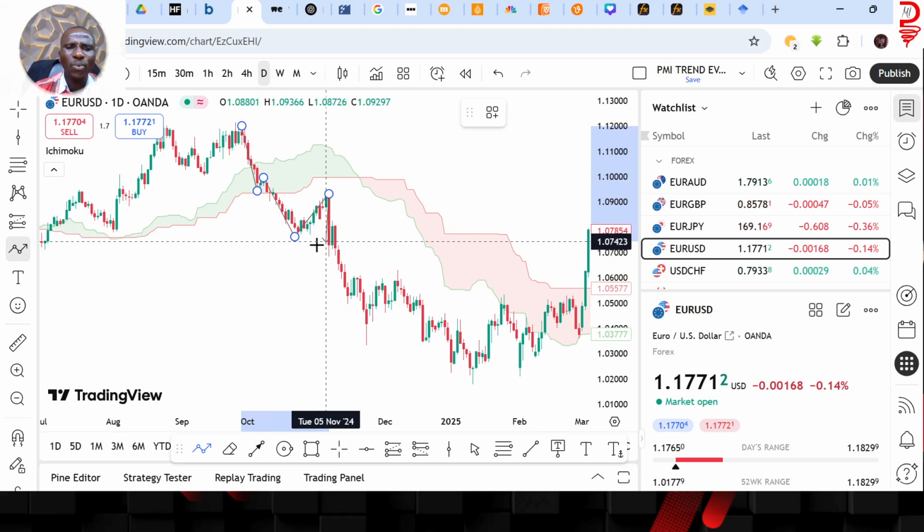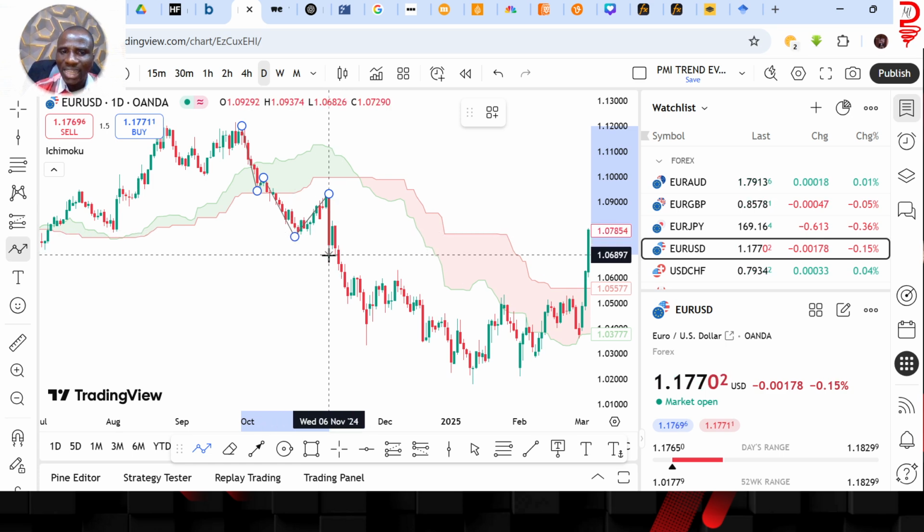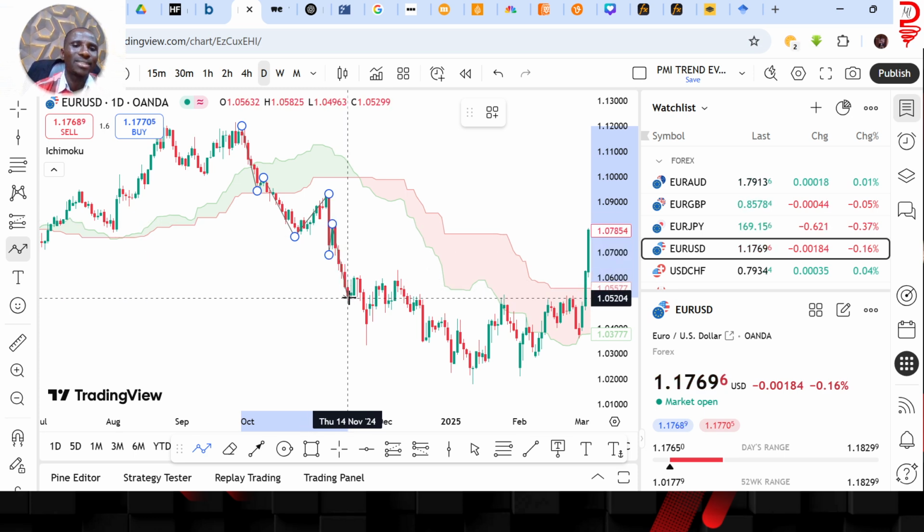This is an example of a very strong sentiment in favor of the sellers, because one candlestick was able to break the previous support zone. And this, you will have to count as an impulse wave, even though it's one candlestick, because that candlestick represents sentiment.